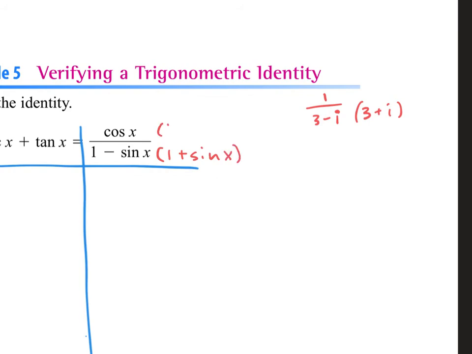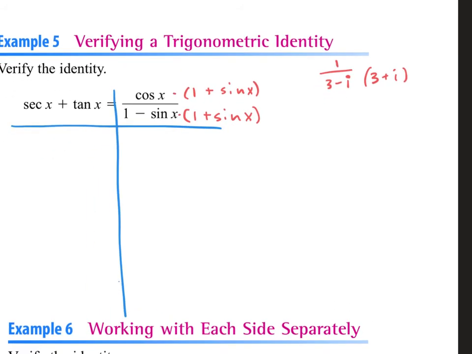So what we do on the bottom, we have to do on the top. So on the top, we get cosine x plus sine x cosine x. And what do we get on the bottom?